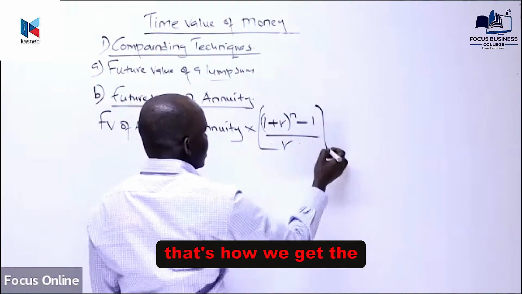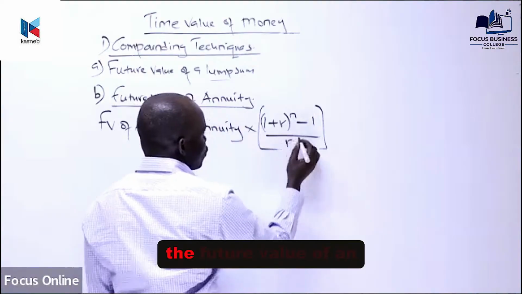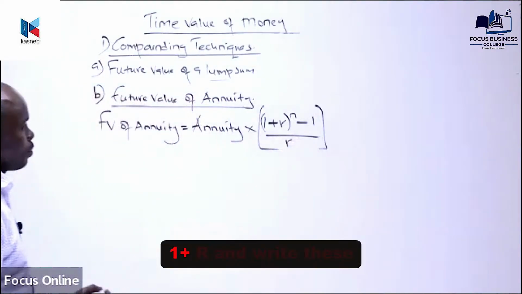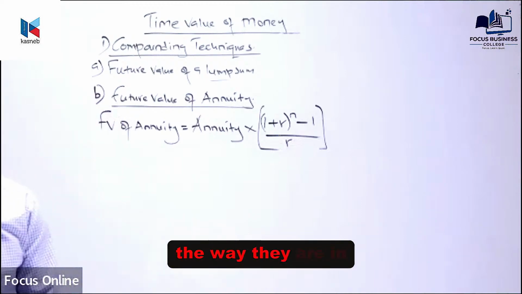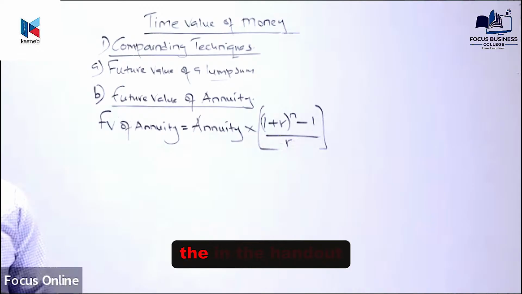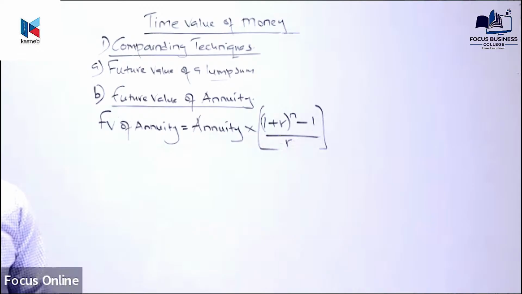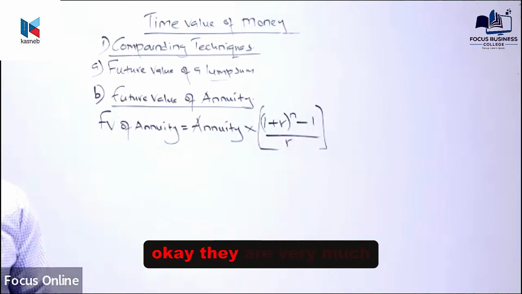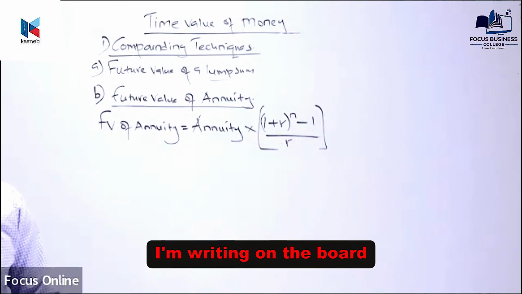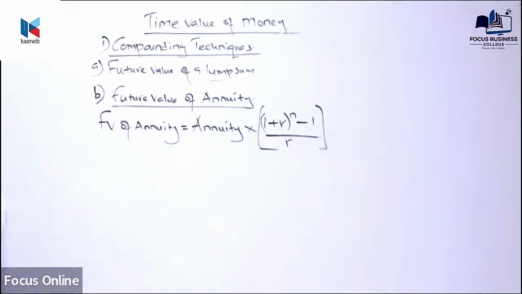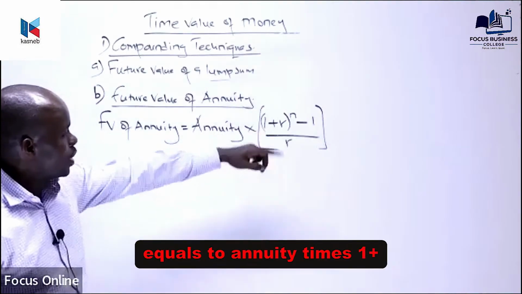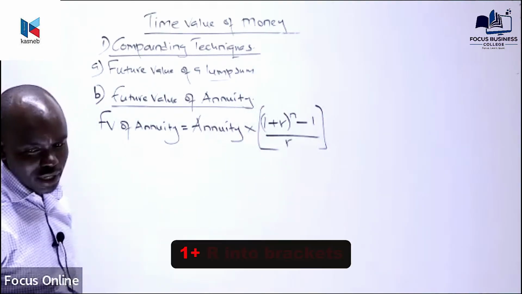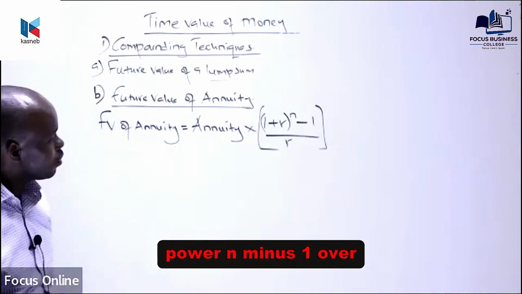That's how we get the future value of an annuity. Write these formulas because the way they are in the handout, they are very much simplified. Just write what I'm writing on the board. Future value of an annuity is equals to annuity times 1 plus r into brackets power n minus 1 over r.